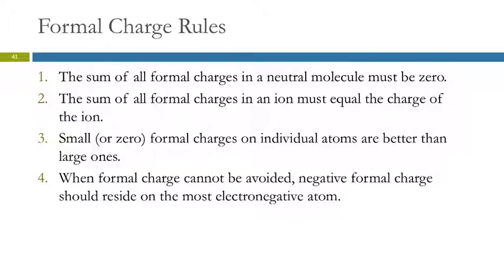Sometimes we don't have enough information to know which one's best. Formal charges can tell us this one's better because it has smaller formal charges. And if you have an ion, you cannot avoid formal charges. There's got to be some. And on some molecules, there have to be some as well. So if you can't get them all to 0, then you put the negative formal charge on the more electronegative atom.